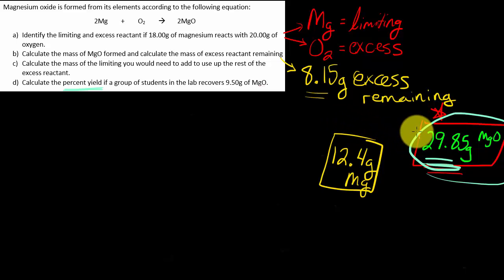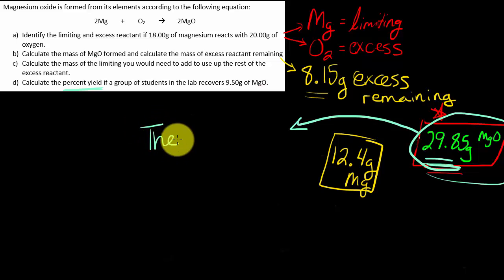So this right here is called a theoretical yield. That's what it means, saying theoretically that's how much we could get if we could do this to 100% accuracy. But obviously we can't. So this is just giving us a scenario. 9.5 is just made up by the person who wrote this question.